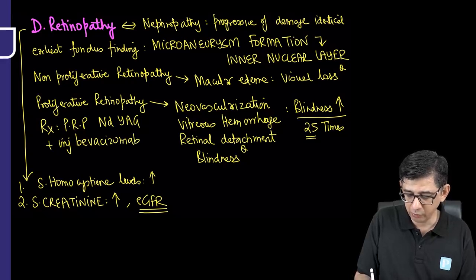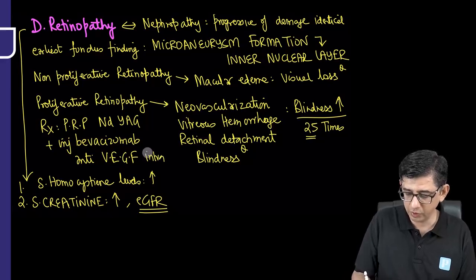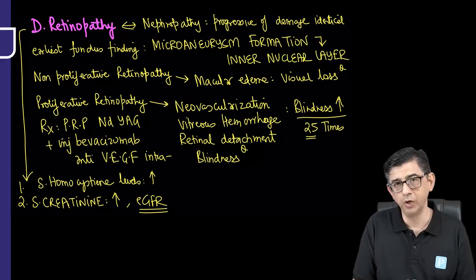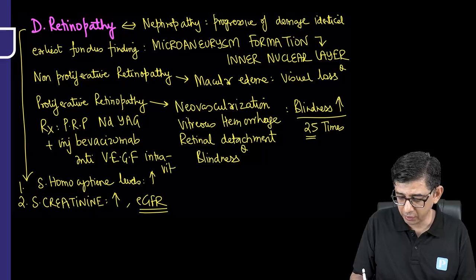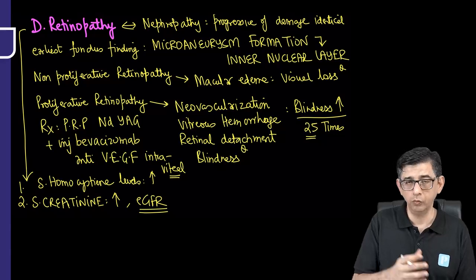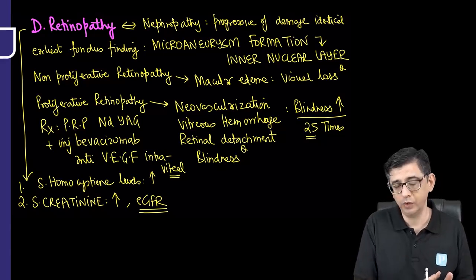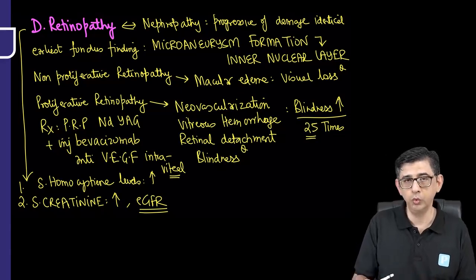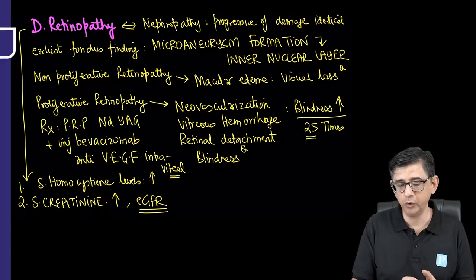This bevacizumab is an anti-vascular endothelial growth factor injection which is given intravitreally. The advantage of this molecule is that though you have destroyed the abnormal blood vessels, new ones can still crop up, no? I mean, I'm using the heat of the laser beam to destroy the abnormal vessel, okay. But what about the ones that can develop subsequently? Intravitreal injections of bevacizumab have been shown to prevent the development of new blood vessels.